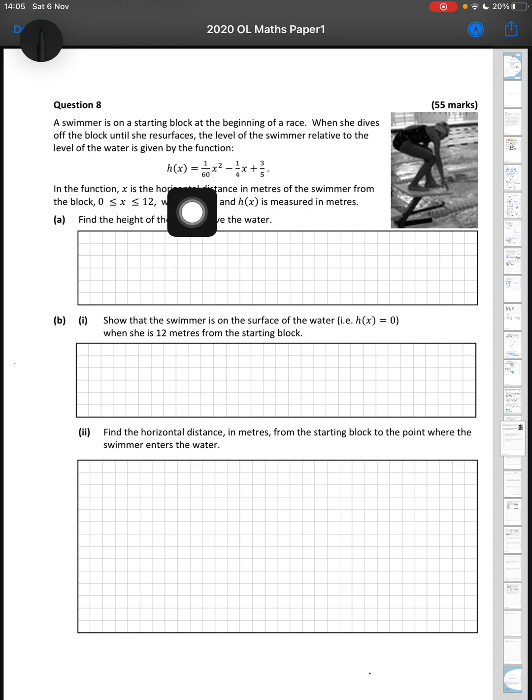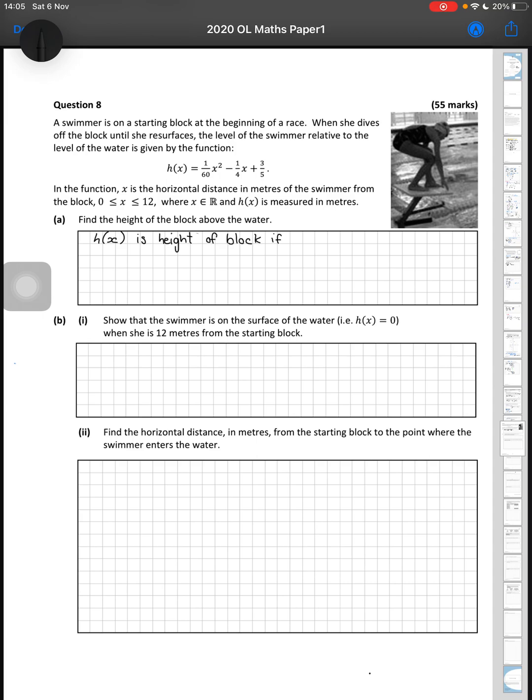So how are we going to do this? x is the distance of the swimmer from the block. If the swimmer is on the block, she has an x value of 0 meters from the block. So we can find h of x, the height of the swimmer when she's on the block, by filling in x equal to 0.